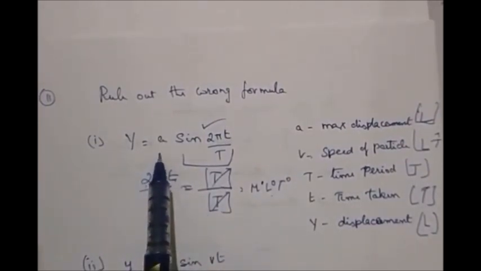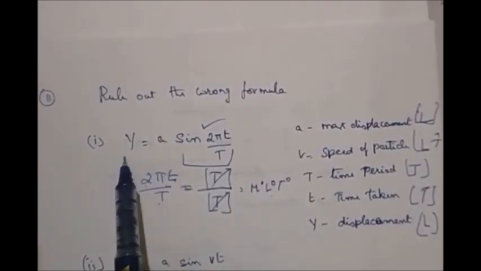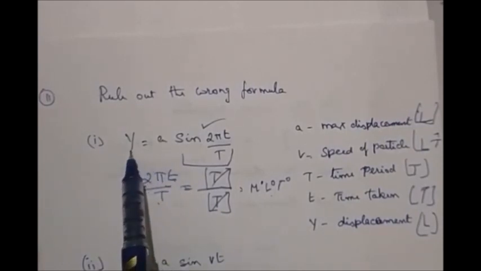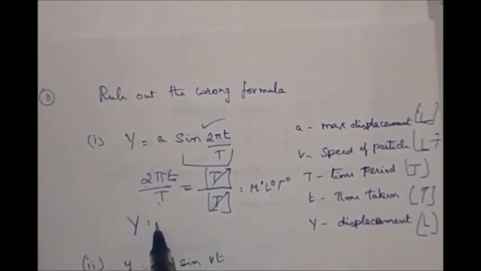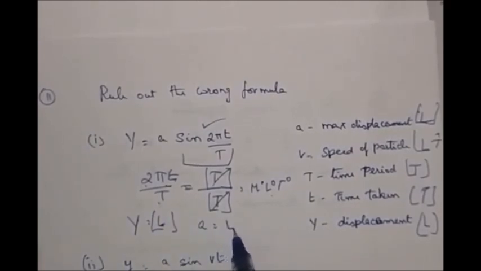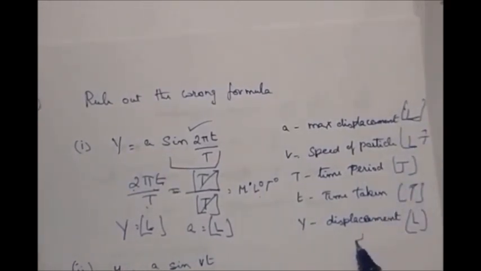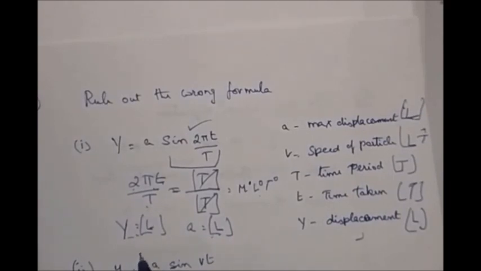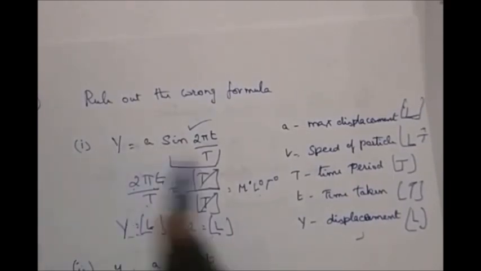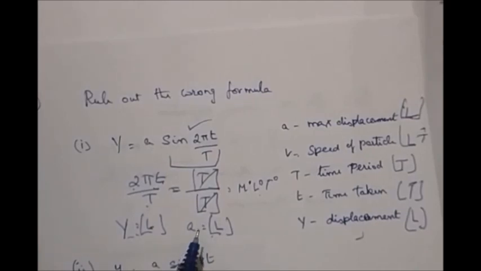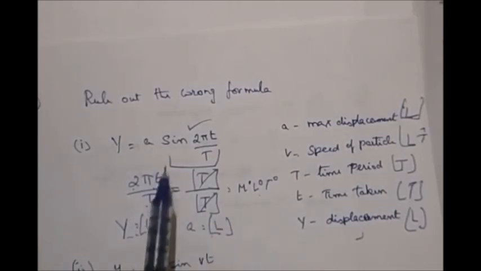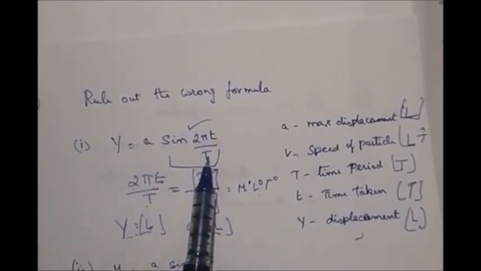Next, we need to find out whether y equal to a has the right dimension. Yes, y has dimension capital L, and a also has dimension capital L, because that's what is given here. So LHS is equal to RHS, and this entire formula is correct. So there are two checks we need to make. One is whether the quantity inside the sine is dimensionless.